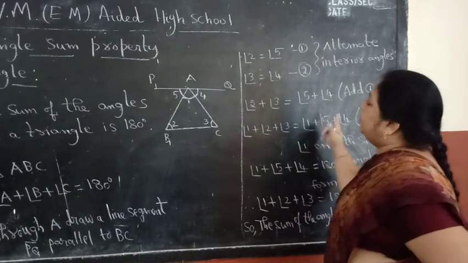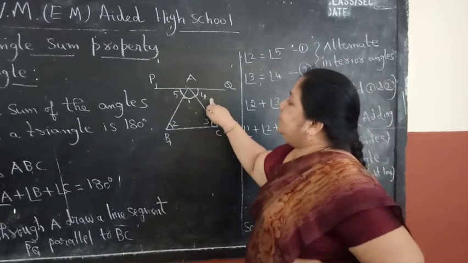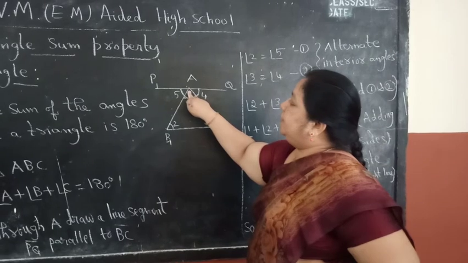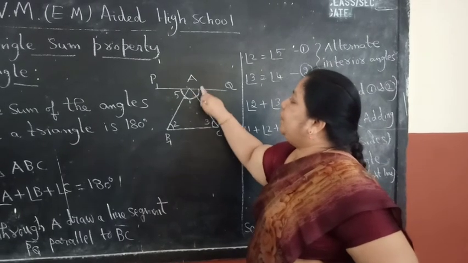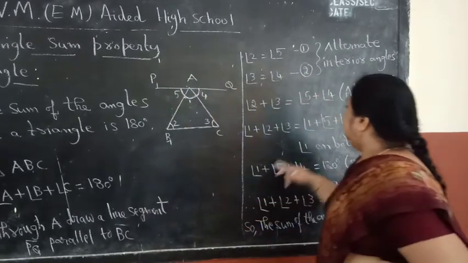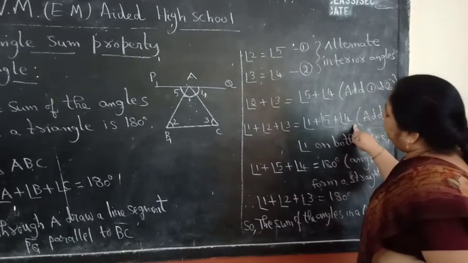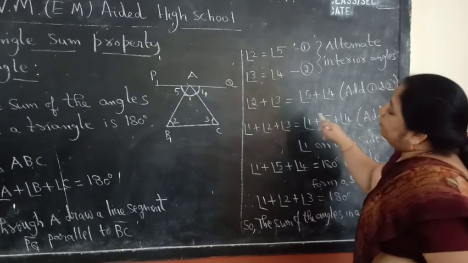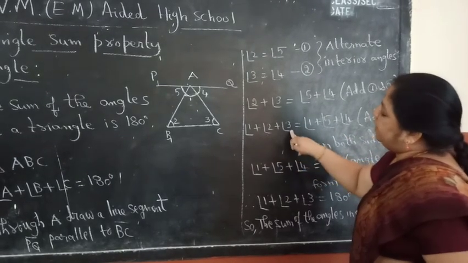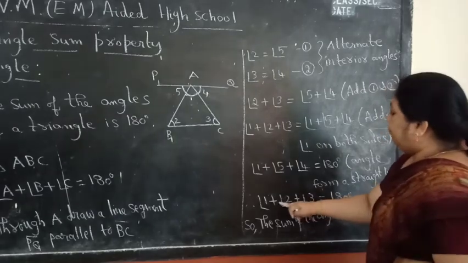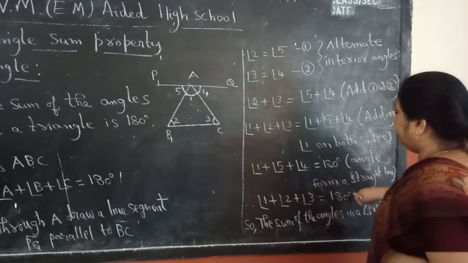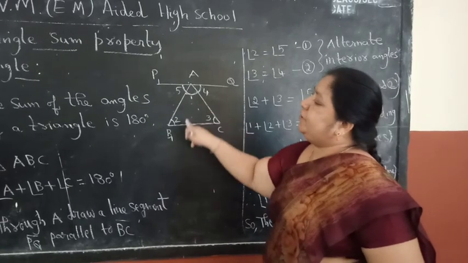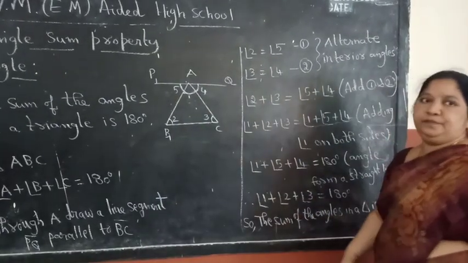Angle 1 plus angle 5 plus angle 4 is a straight line, so this is 180 degrees. That equals angle 1 plus angle 2 plus angle 3. So angle 1 plus angle 2 plus angle 3 equal to 180 degrees. The sum of the angles of a triangle is 180 degrees.